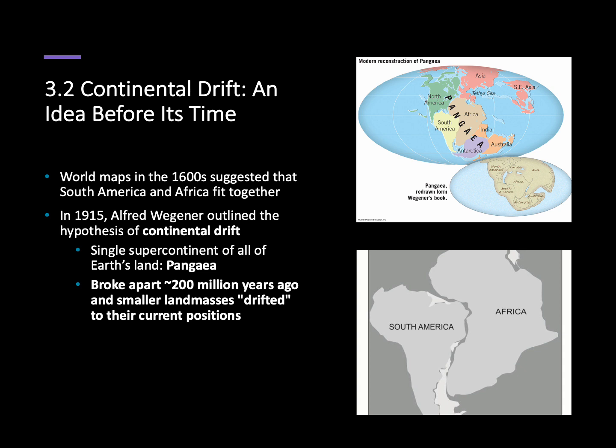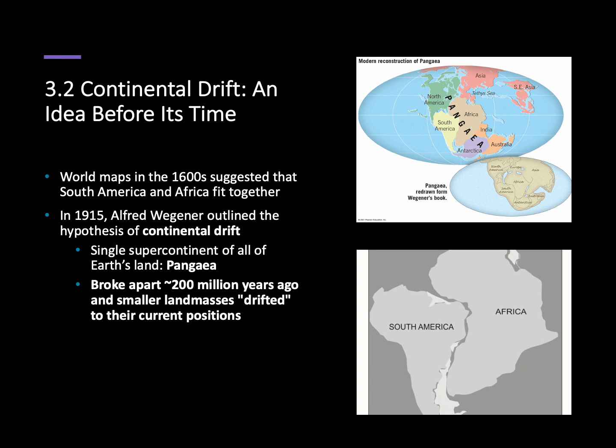And now we see this guy named Alfred Wegener coming around with his hypothesis of continental drift. With this, he thought that hundreds of millions of years ago, there was a supercontinent called Pangaea. And today we have 7 continents.